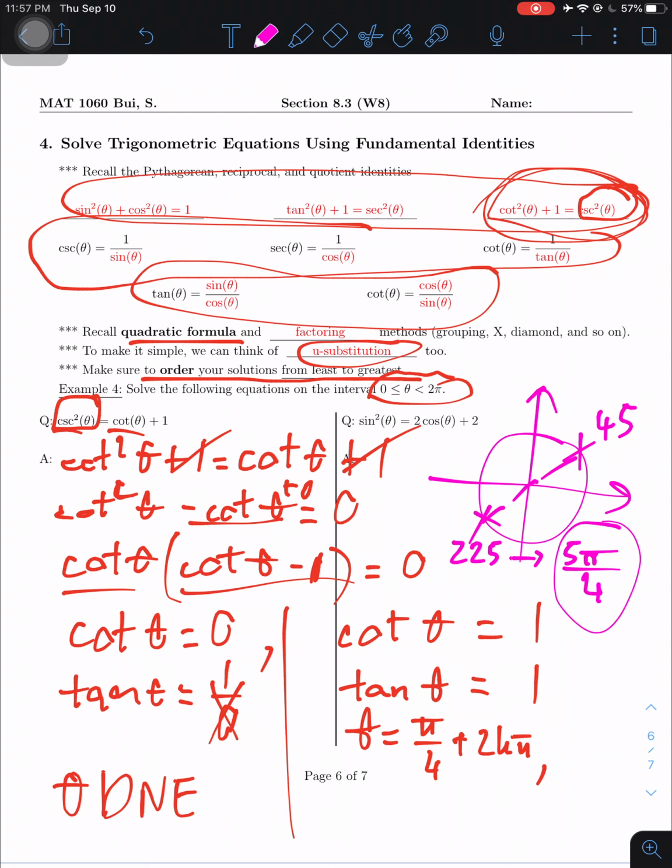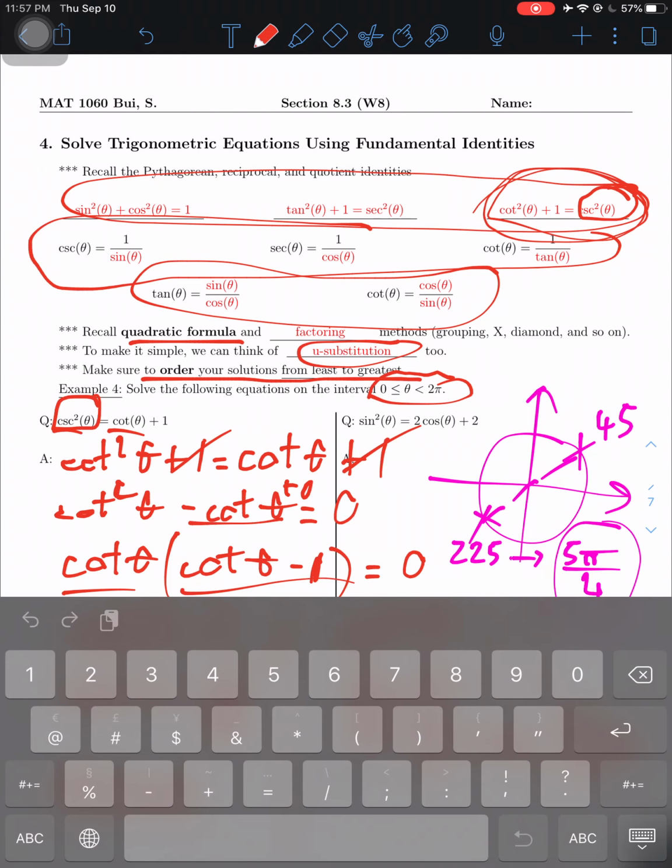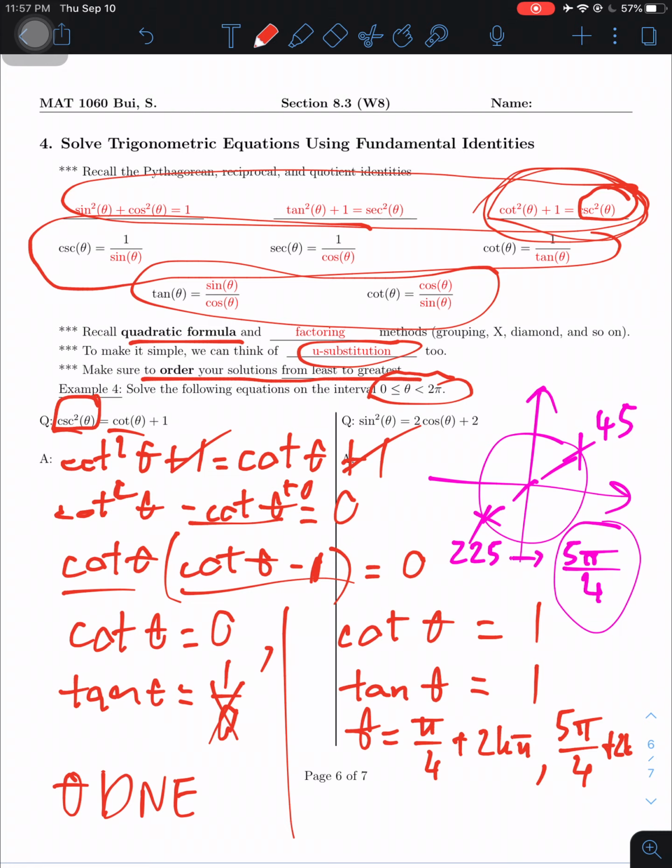So I have two families in here, right? So let me put it down here as a second family. I don't think I can write anymore in here, but just imagine you saw the pi in there. Let me just rewrite its name: 5 pi over 4 plus 2k pi.